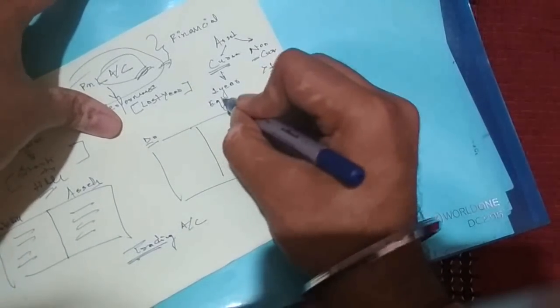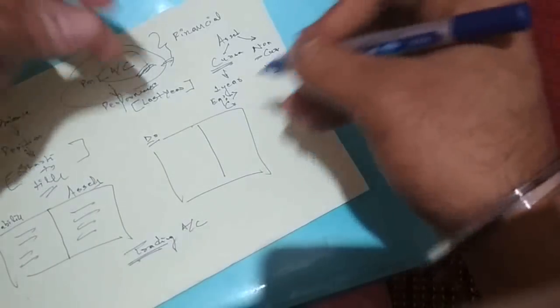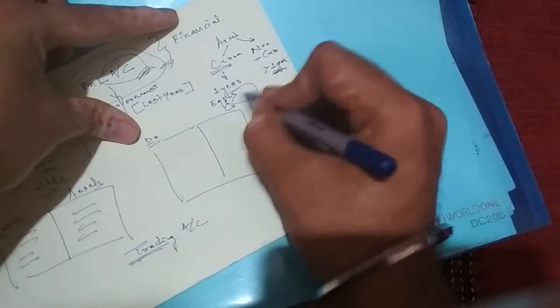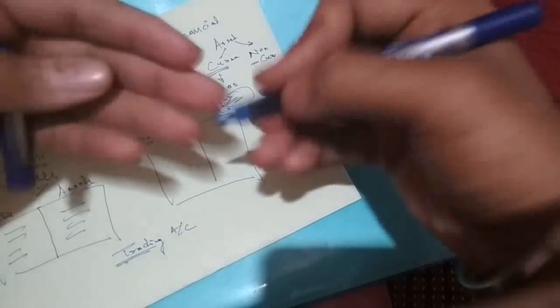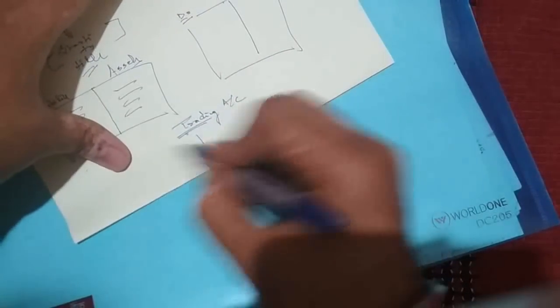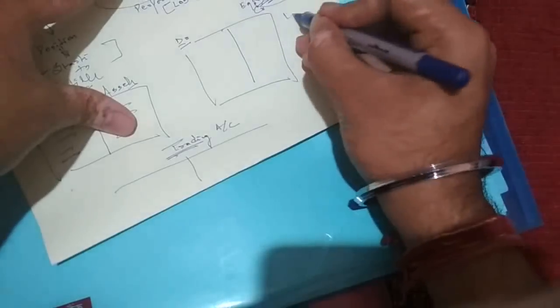For example, a loan you have given for a maximum of 1 year is a current asset, and a loan given for the long term, greater than 1 year, is a non-current asset. So the trading account will only mention the current assets or current liabilities. Similarly, liabilities are of two types, current and non-current. So in the trading account only the current assets and liabilities are taken into account.